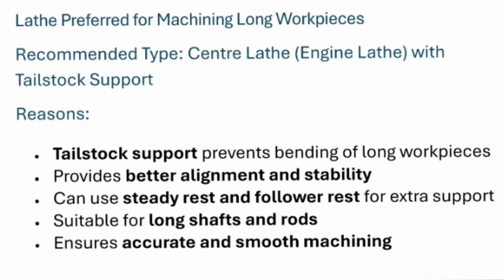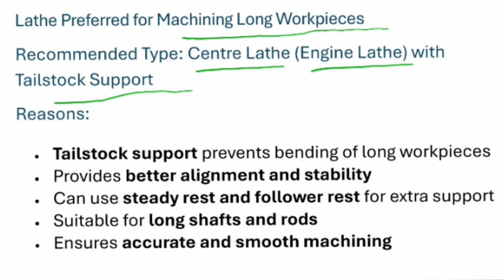Next, which lathe is preferred for machining long workpieces? We recommend the center lathe or engine lathe type with a tailstock support. So what is the reason behind recommending this? The reasons: tailstock support prevents bending of the long workpiece, and it provides better alignment and stability.